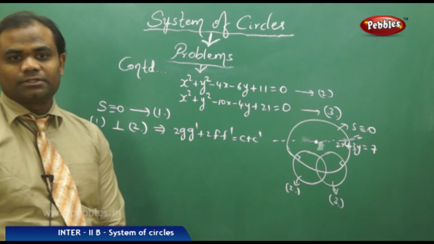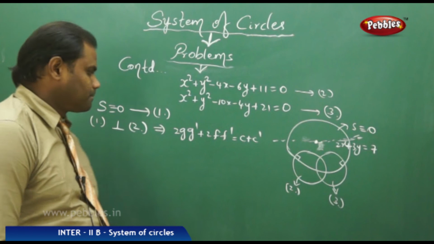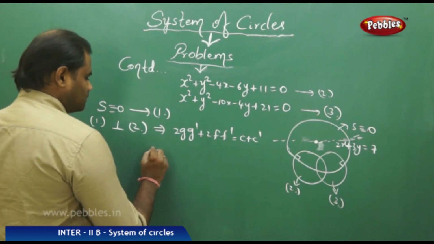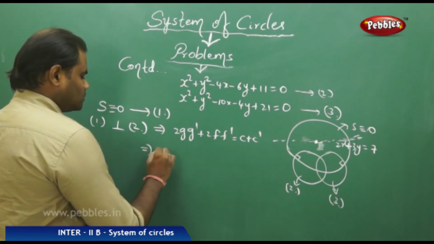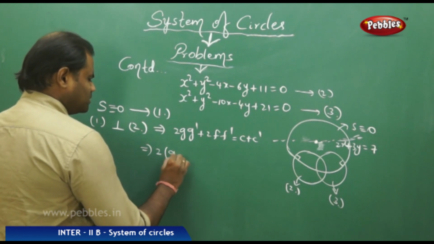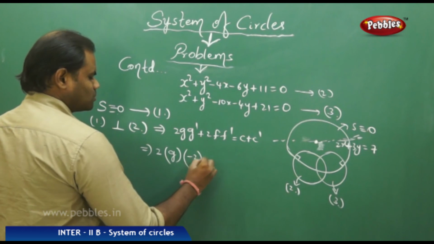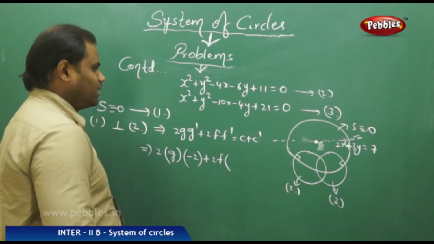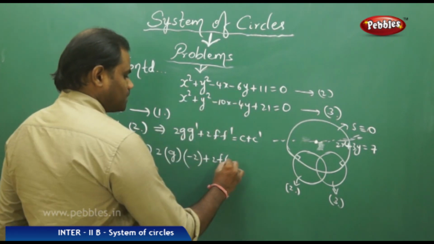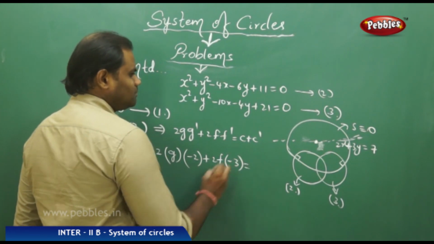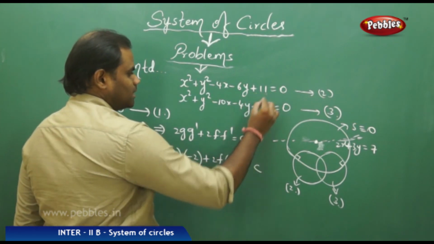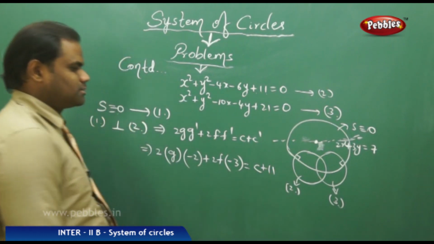We have this condition in the formula. So with this condition, I have 2gg dash, that is my g is from this and my g dash is minus 2, plus 2f, f dash from here is minus 3, that is equal to c plus c dash, which is 11.